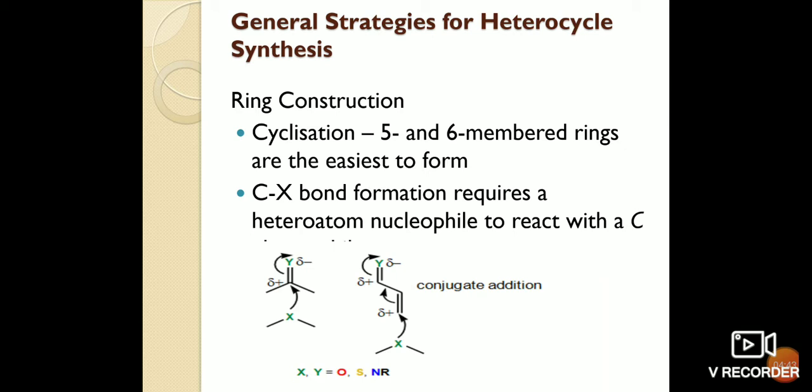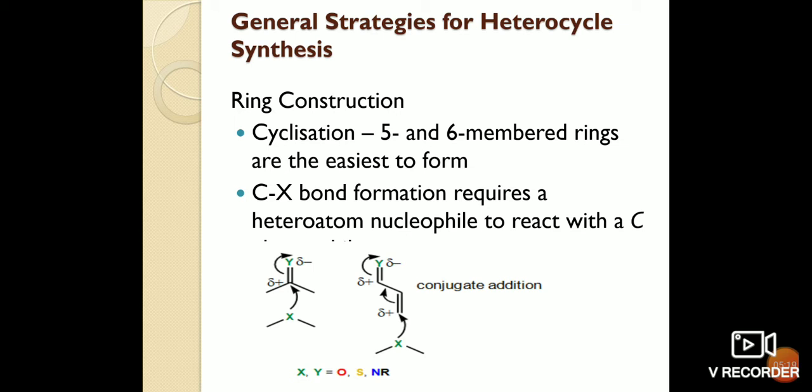The general strategies for heterocycle synthesis. Since these are cyclic compounds, we need to have a ring construction or a cyclization, where 5 and 6 membered rings are the easiest to form. And the second one is C-X bond formation, which requires a heteroatom nucleophile to react with a carbon atom.